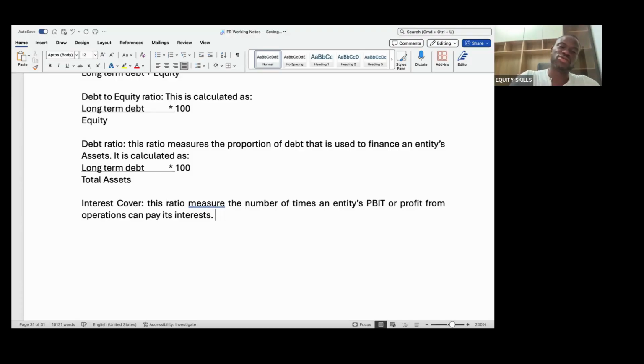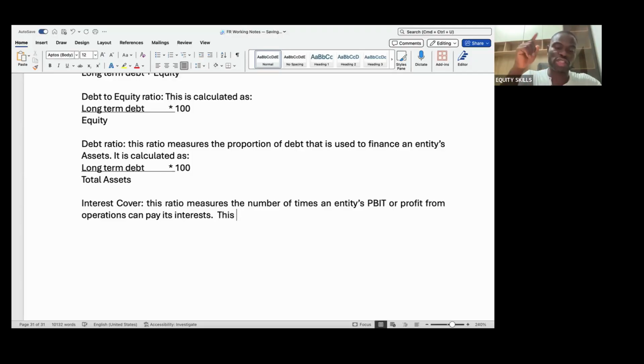But the thing is, as good as this ratio is, it does not really say a lot, because there are some companies that will be very profitable, but they don't have cash flow. They are profitable, but they don't have cash flow. So in such cases, it becomes a little challenging. Then this ratio will not really show so much.